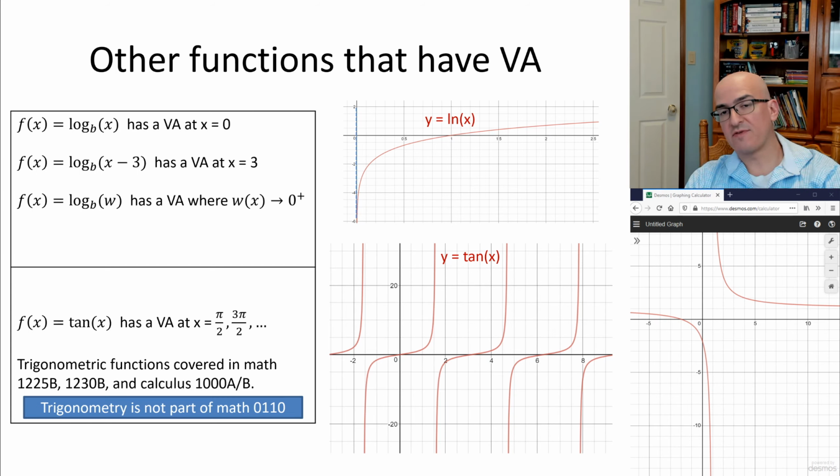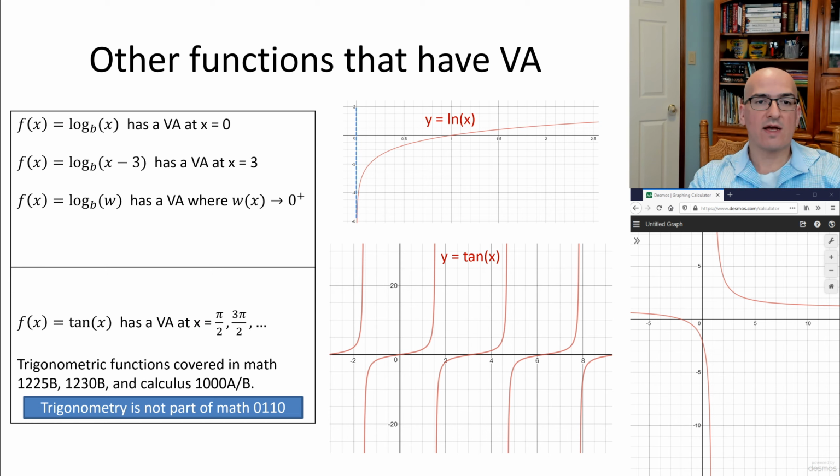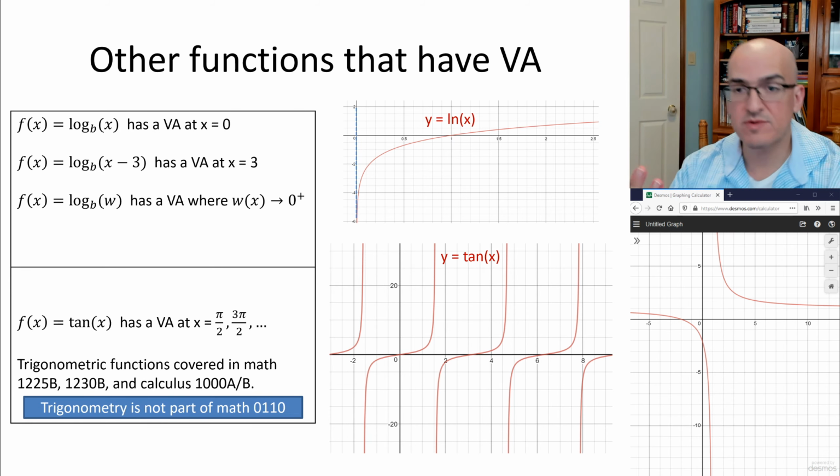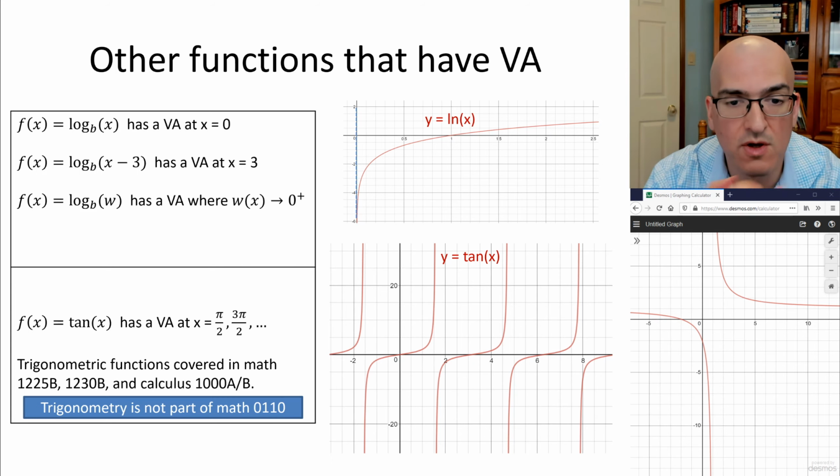So we have rational functions, which were these ones, and now log functions can have vertical asymptotes. There are other types of functions that can have vertical asymptotes, including trig functions. Shown in the bottom graph here is tan of x.